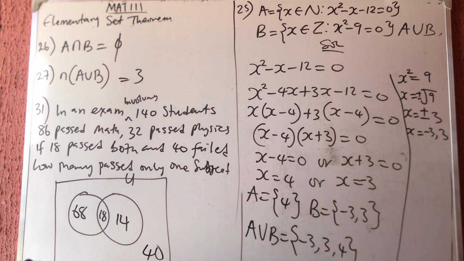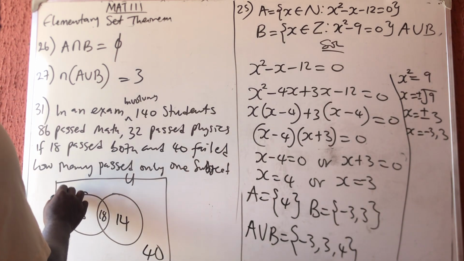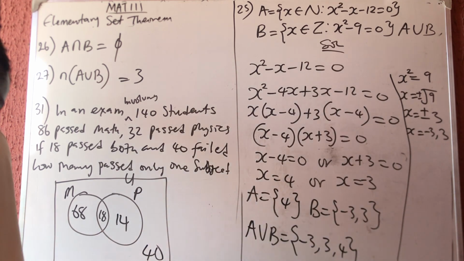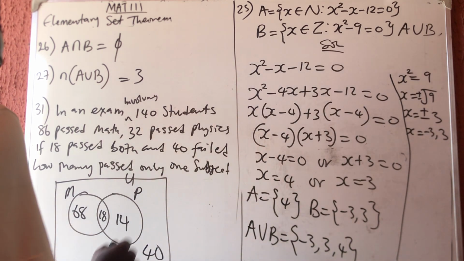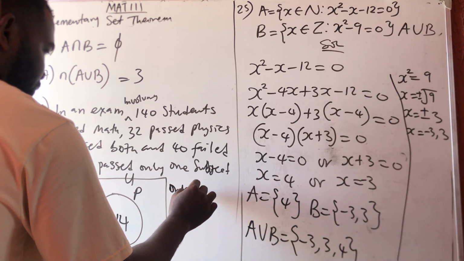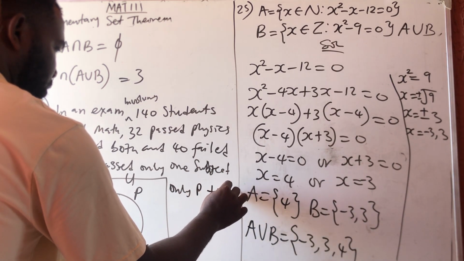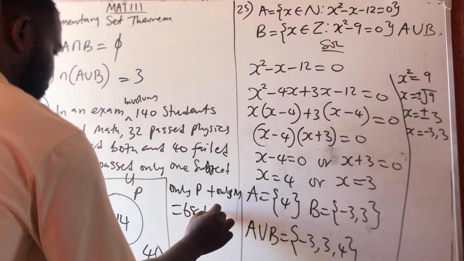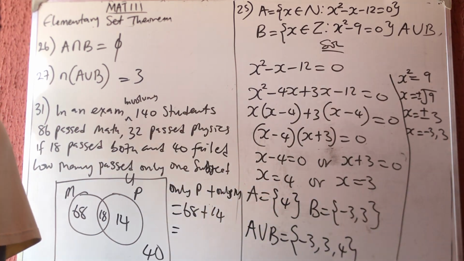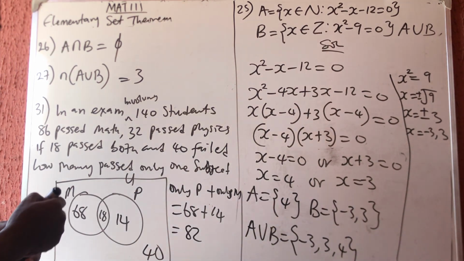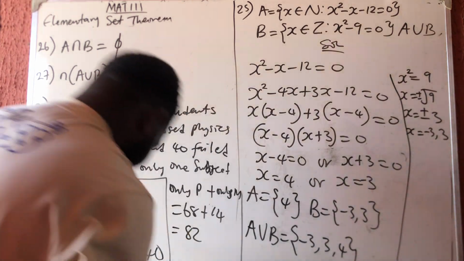So the number of people that passed just one subject should be what? The number of people that passed only physics plus the number of people that passed only maths. All right, so what do we have? Only physics plus only maths, which is 68 plus 14. So what do you have? 68 plus 14 will give you 82. So 82 is the correct answer for that.